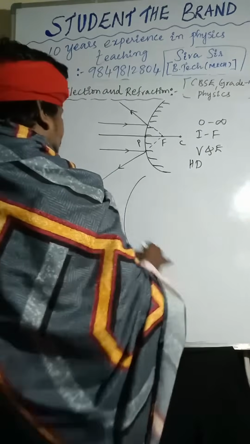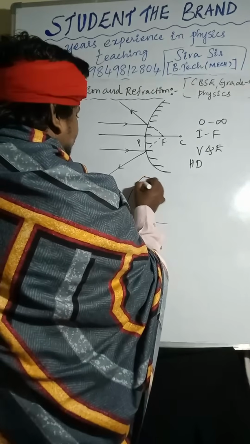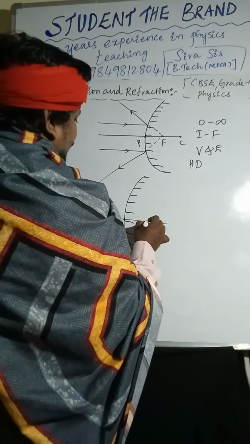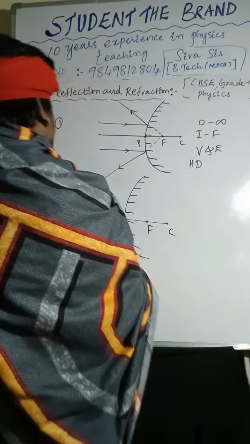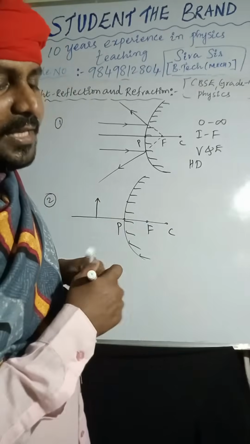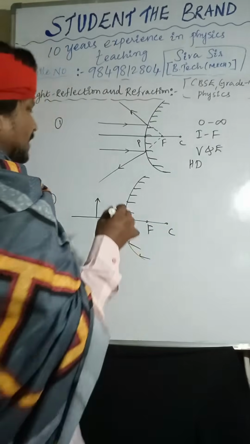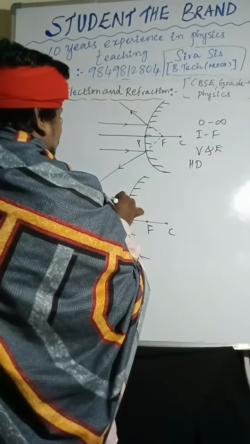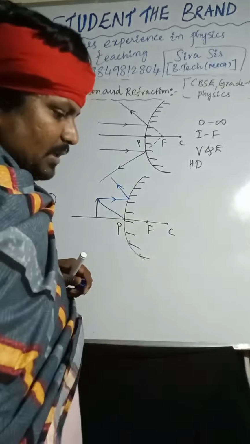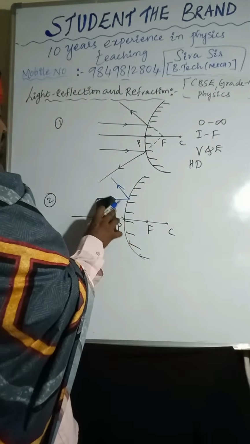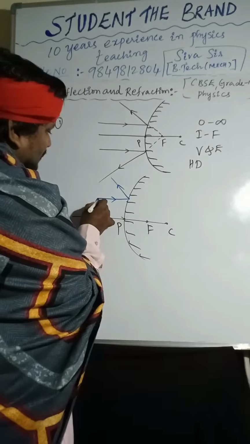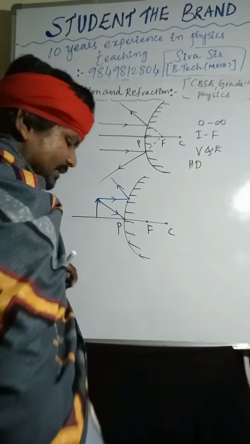Coming to the second one, object is placed here. Pole, focus, center of curvature. How many light rays are required to form the image of the object? Minimum 2 light rays. I'm taking one light ray like this, so it reflects back. Another light ray is incident at the pole, so at the pole, it reflects back.